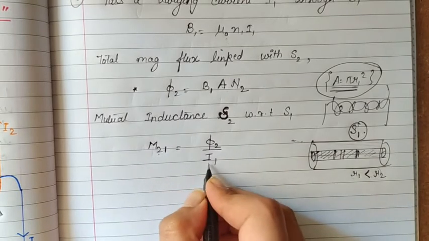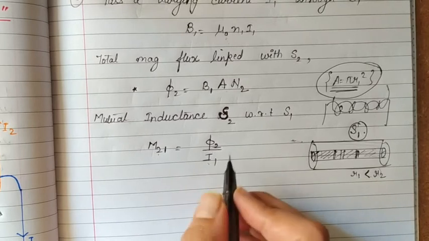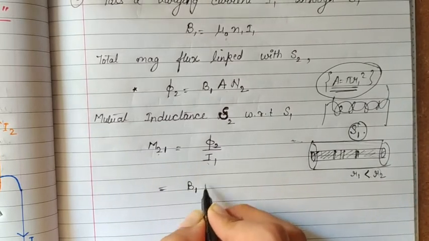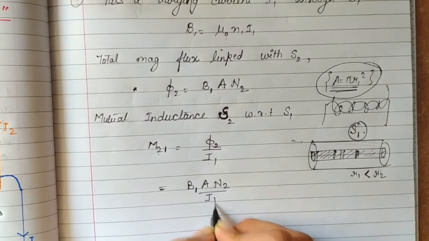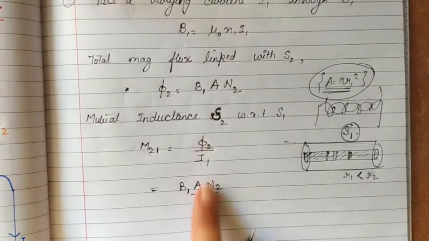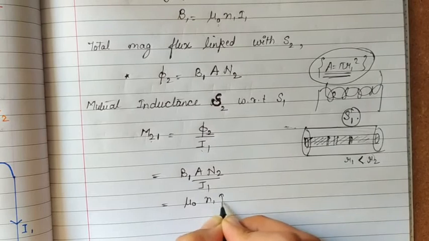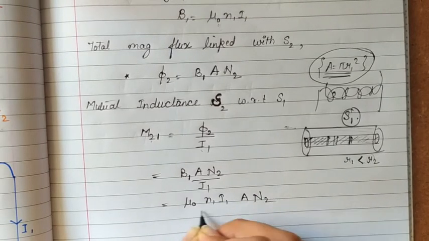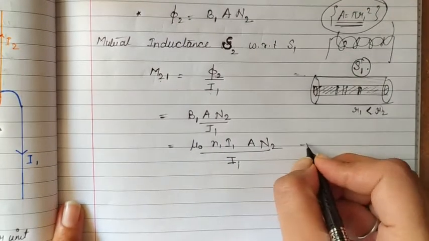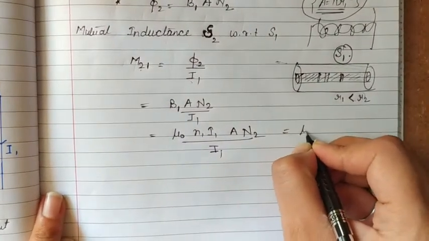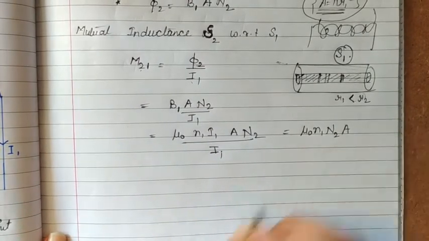Current was in the first coil, and because of that the flux linked with the second coil is changing, so phi 2 upon I1. The value of phi 2 is B1 A N2 upon I1, and the value for B1 is mu naught N1 I1. So we substitute: mu naught N1 I1 capital A N2 upon I1. Now I1 and I1 will cancel out, and the answer that we will get is M21 is equal to mu naught N1 N2 A. This is the answer.